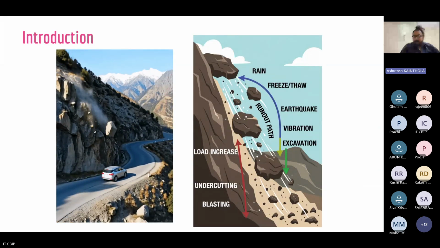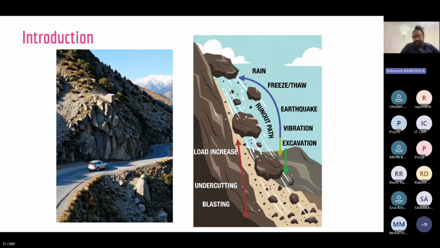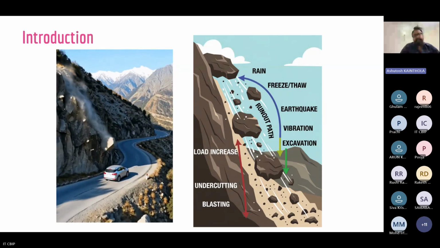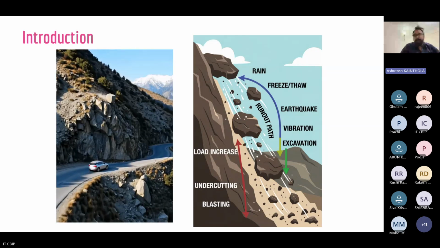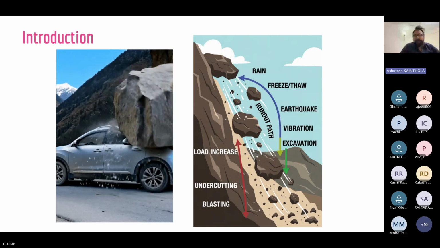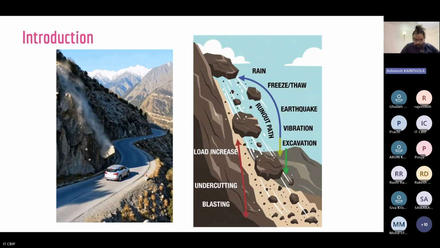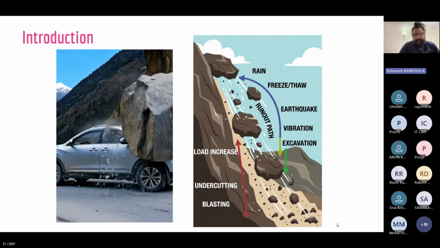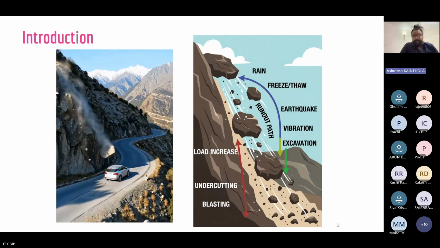One, the intact rock needs to be competent, with a compressive strength of 80 MPa, 120 MPa or more, in the vicinity of above 50 to 60 MPa, and the slopes need to be steep. These are the conditions which dictate the phenomenon that we call rock fall.